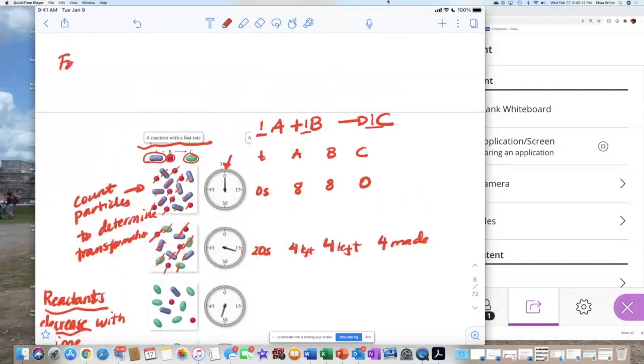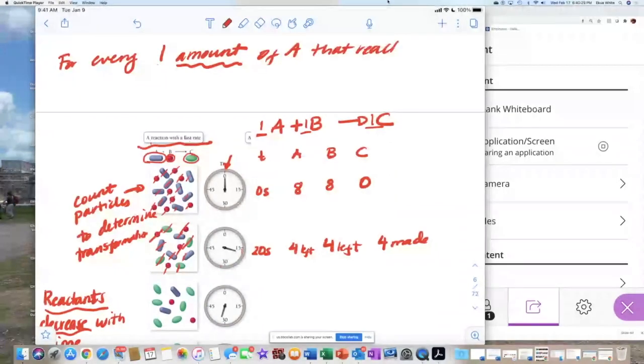This means for every one amount, I'm leaving the amount as general because the unit wasn't applied, right? For every one amount, it can be 1 gram or 1 mole, one amount of A reacts, one amount of B also reacts. Okay, this part is important.